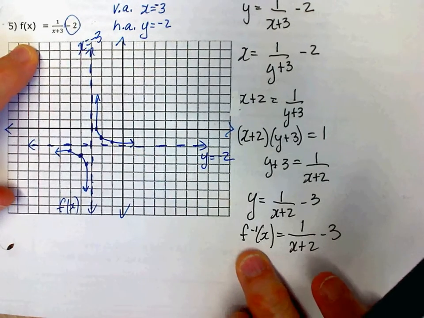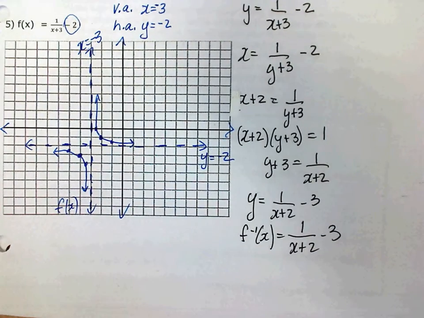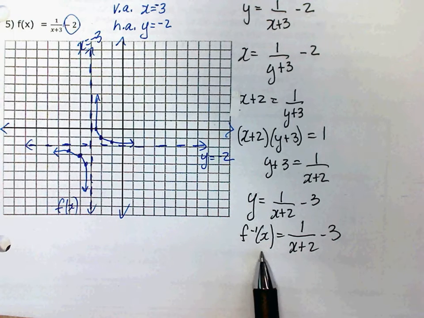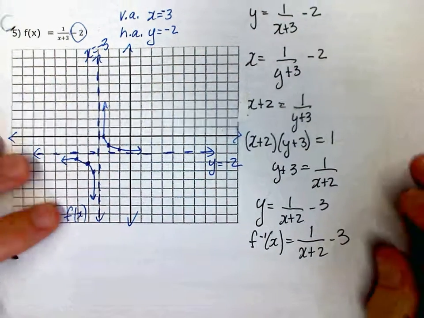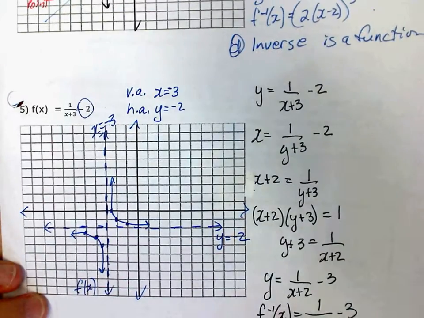Now, tell me, what is the vertical asymptote of the inverse? X equals negative 2. Remember, an asymptote always is an equation. So let's now draw it. This is the asymptote of the inverse right here.